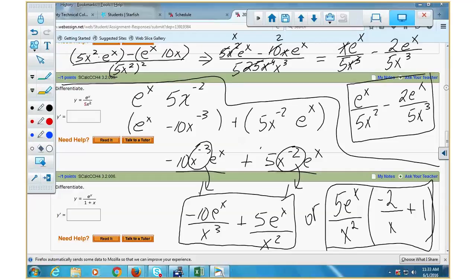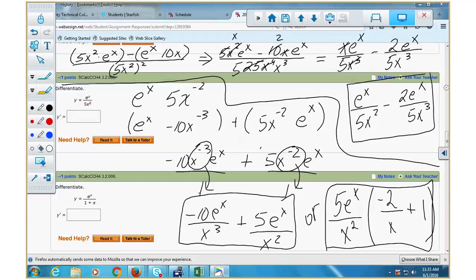I think the 5 got inverted back to the top. Wait a minute. Here's the 5 right here, and the 10 is right here. Trying to see what happened. Because I got them on the bottom up there. I did something wrong. Did you not bring the 5 down? Can't bring the 5 down.